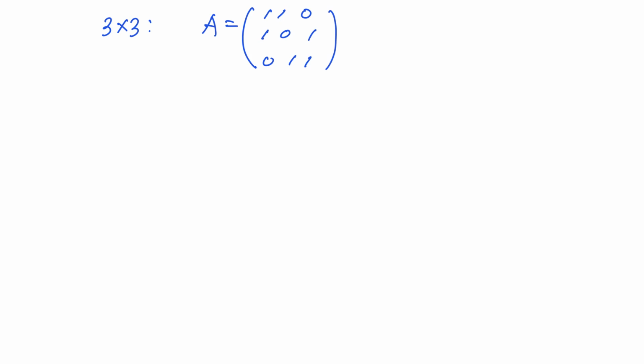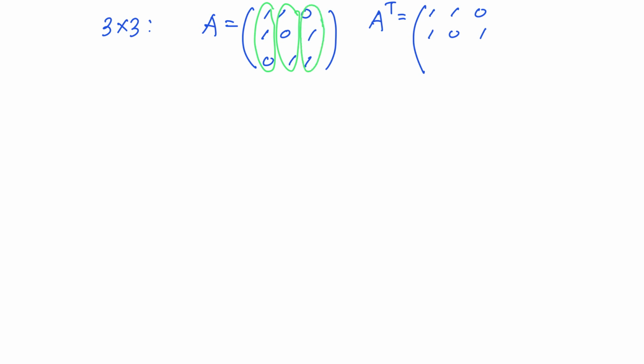So what is the first step? You need to check whether this is symmetric or not, right? You take the transpose. Then this column becomes the first row, so 1 1 0. Second column becomes second row, 1 0 1.